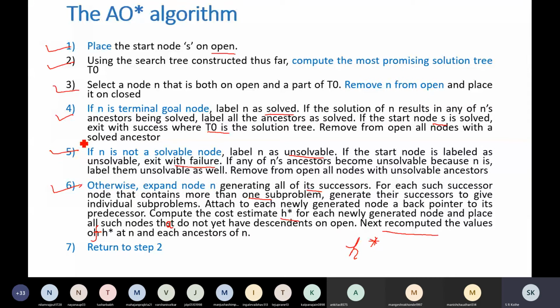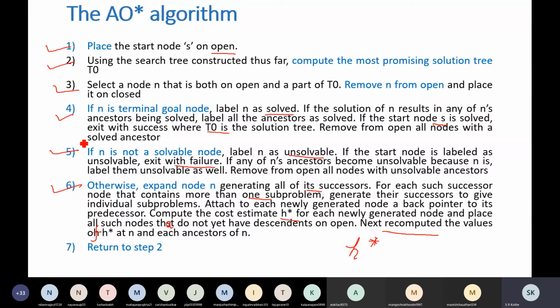Although it looks a little bit complex, the steps are similar to what we have seen with A-star or best first search algorithm. The only change is that here your solution is a tree. Second, cost calculation has to be performed in a little bit different way because of AND type and OR type nodes.